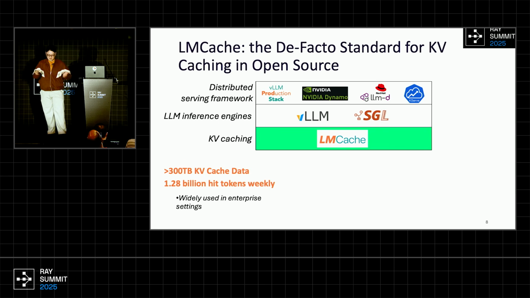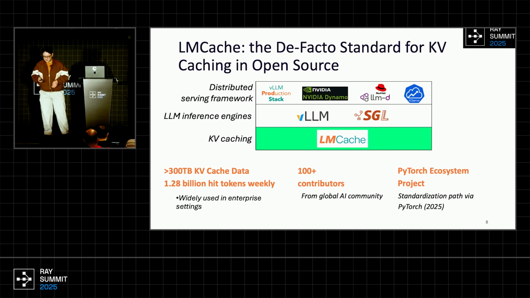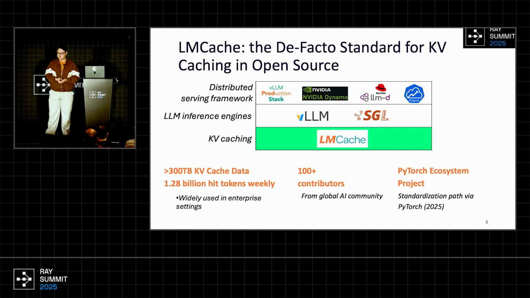That sounds like huge data, and it definitely cannot fit into GPU. We also have over 100 contributors from the global AI community, from China, from the US, and from all kinds of places. And we already joined the PyTorch ecosystem project. It will remain open source.